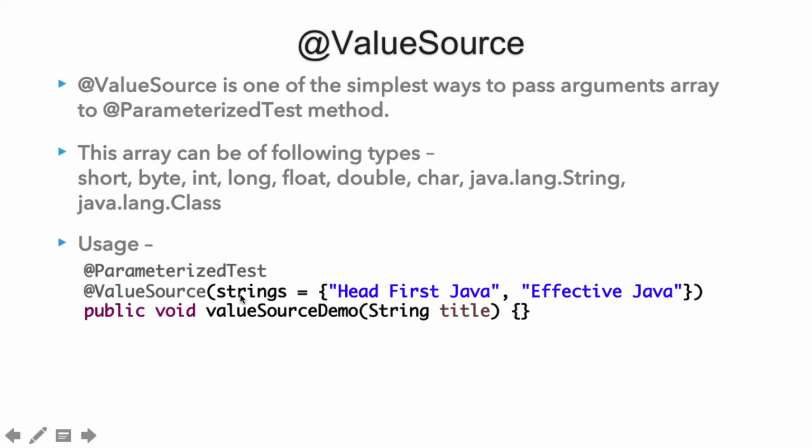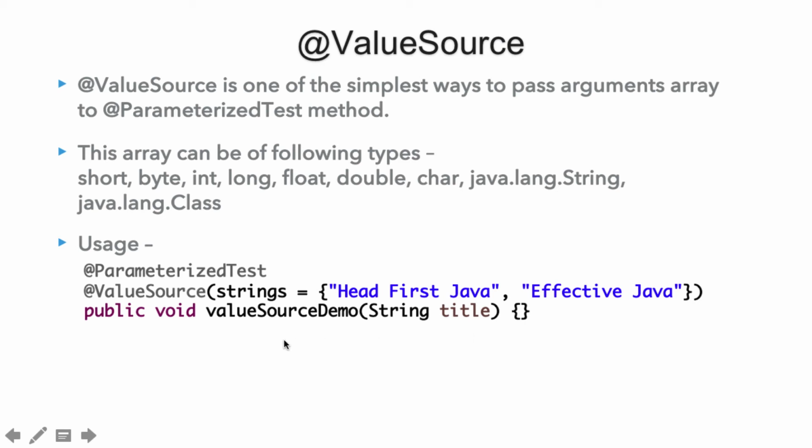So here you can see that we are providing different string values using the strings property, and we are providing them in the form of an array. So here you can see that the string title will get these two values, Head First Java and Effective Java. So what JUnit will do is run this test case two times, taking title as Head First Java the first time and taking title as Effective Java the second time.